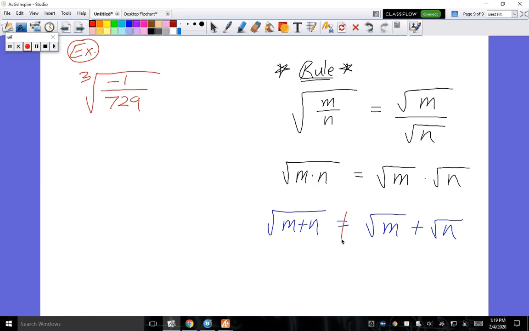For 500 bonus points, can someone tell me why we've done something similar to this, why this is not equal? Sammy. Okay, so it has to do with if it's one term. Over here, those were one terms because they were glued together with what? With multiplication.